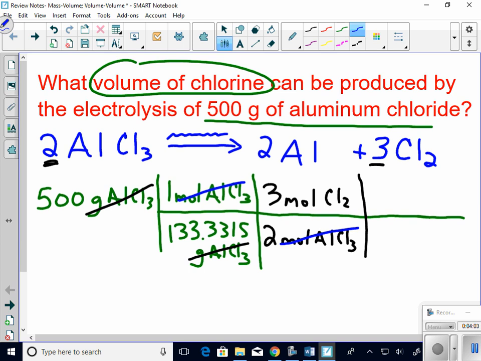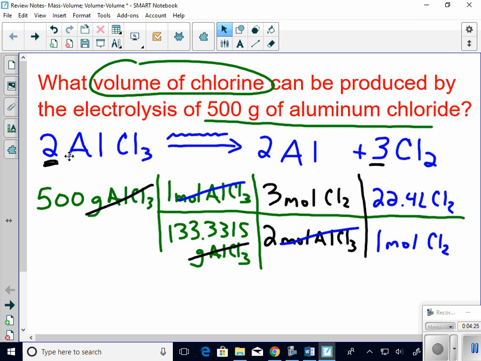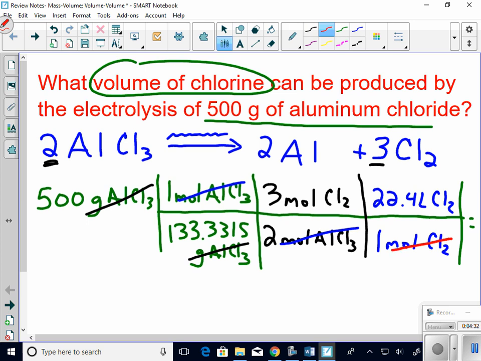Now my final step here is the new step we will do. I need to get this into a volume. Well, I know that 1 mole of chlorine gas is 22.4 liters of chlorine gas. So, my moles of chlorine cancel.